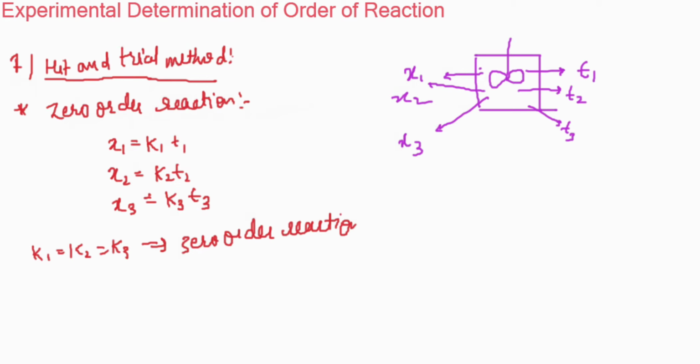Now let's take the second method. Now let's take another reaction, another order. Let's say the order is first order. The reaction is first order. So now we will again compare the value of k1.